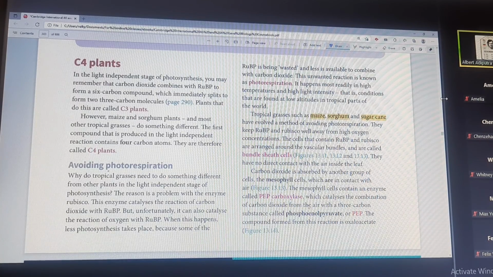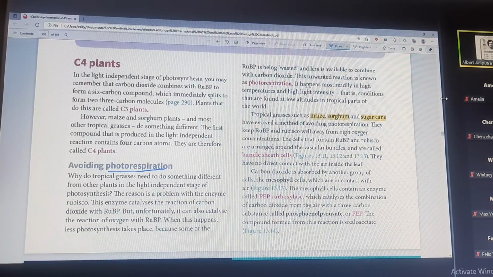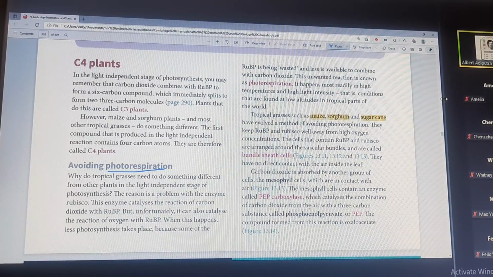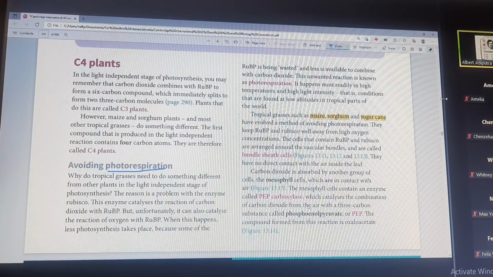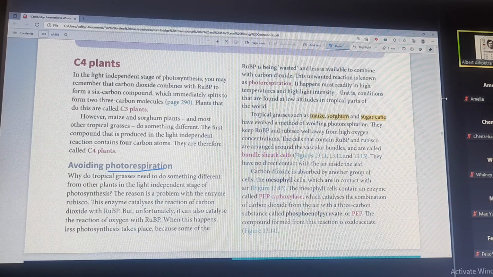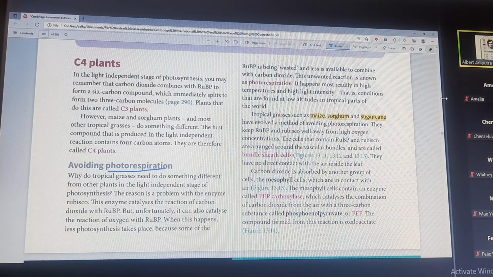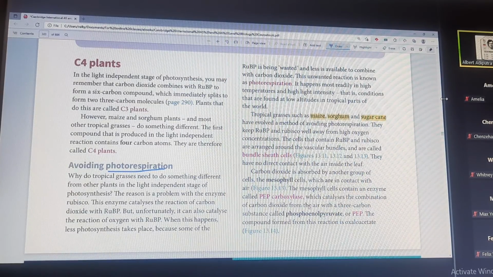Now, what is photorespiration? Photorespiration is a chemical reaction whereby the rubisco, instead of fixing CO2 with RuBP, fixes oxygen with RuBP here.